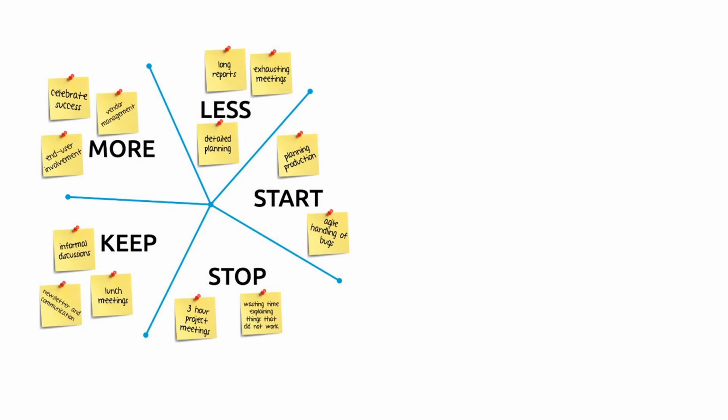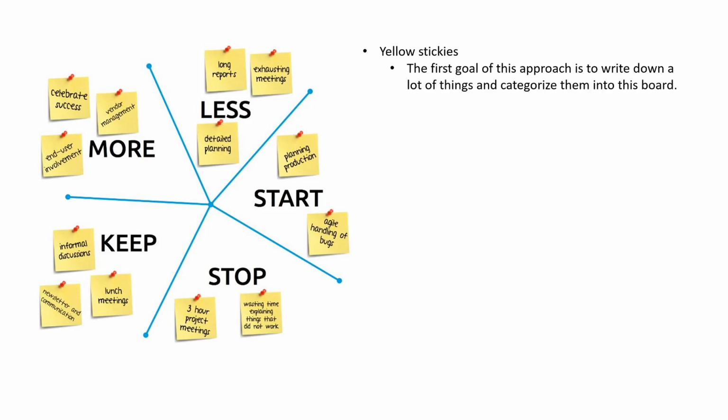And I chose this approach, this graphic, because this is a common way of doing things. But you can apply what I'm going to say to pretty much most ways of doing retrospectives. So I'm going to start with yellow stickies. First goal of this approach is to write down a lot of things and categorize them into this board, or you categorize them in some other way.